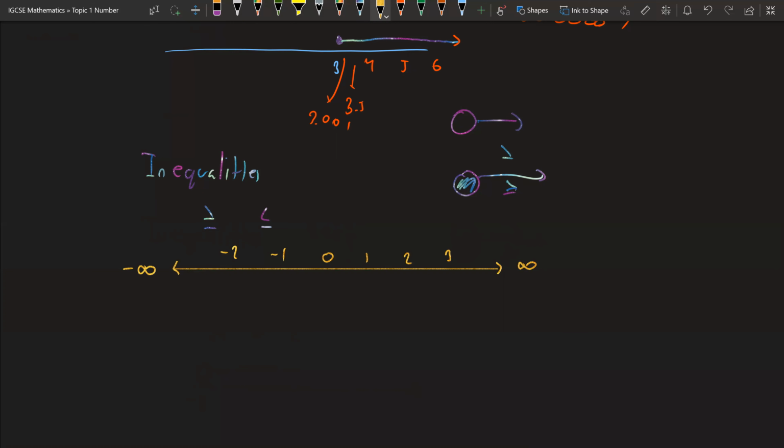Now, let's say I have some value x, it's less than 0, but x also has to be more than 3.